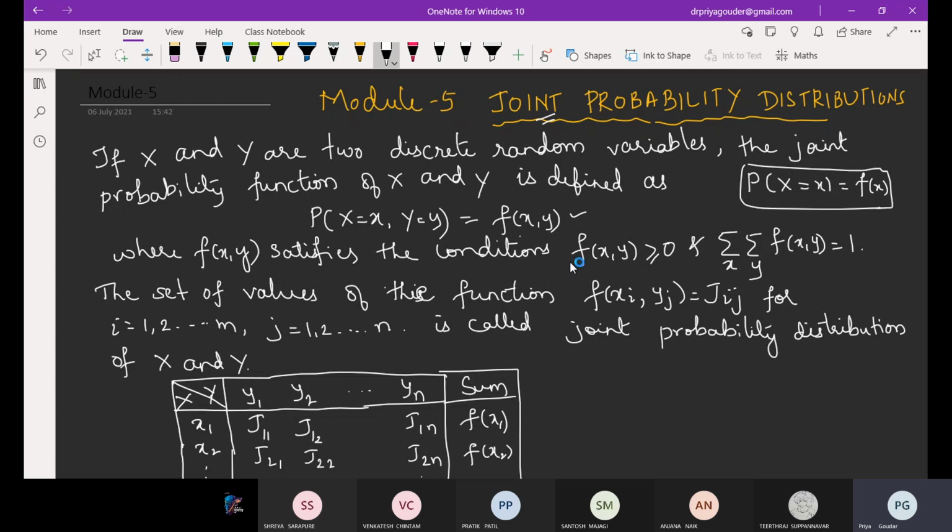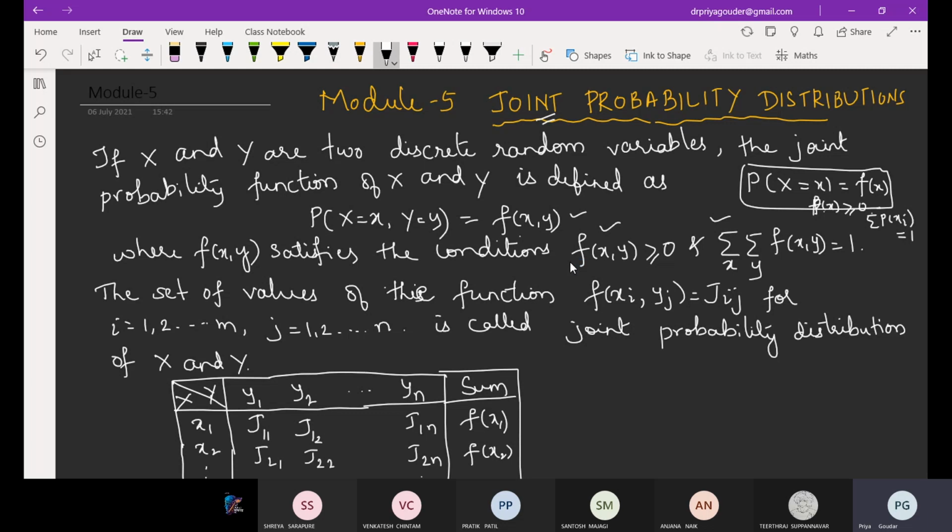So that function is defined. But you cannot say randomly any function is going to be a joint probability function. It has to be satisfying these two. Then only it is a joint probability function. What are the conditions? If you remember, even for single variable probability distribution function, PDF, we have taken that f of x greater than or equal to 0 or p of x greater than or equal to 0, and one condition, summation of all the p of xi equal to what we have taken? 1.